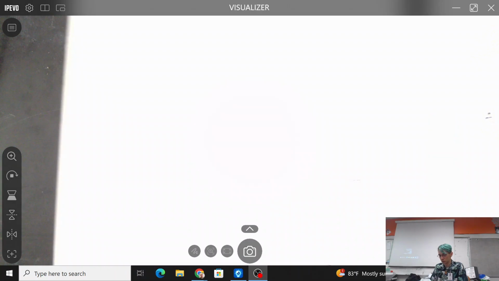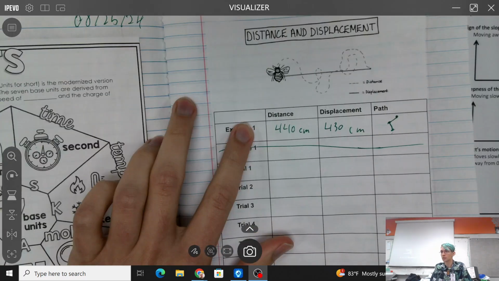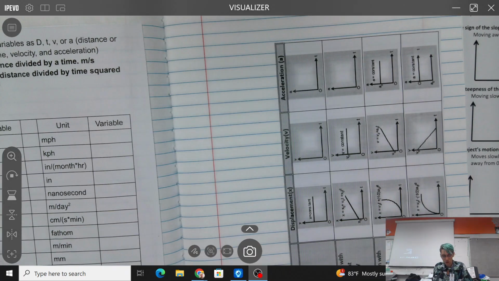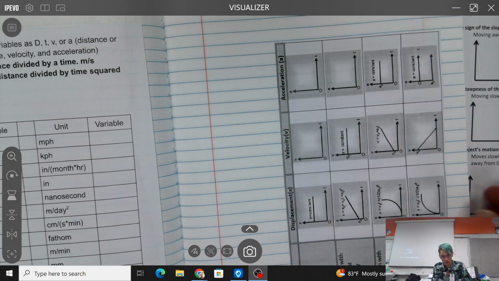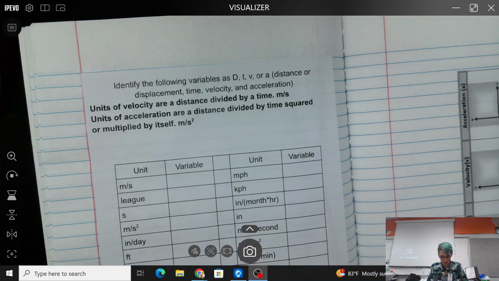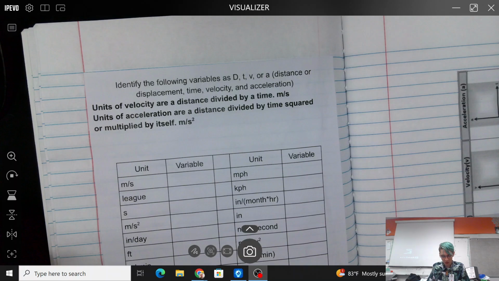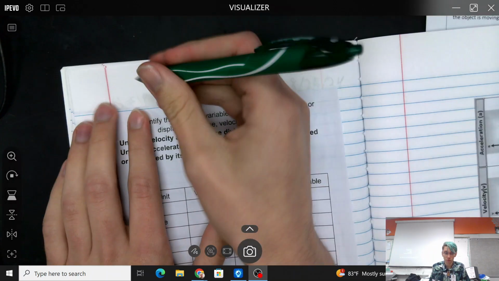Okay, so first things first. Let's talk about today. After we went over distance and displacement last time, we are moving on to, once again, variable breakdowns. I'm just calling it describing variables.